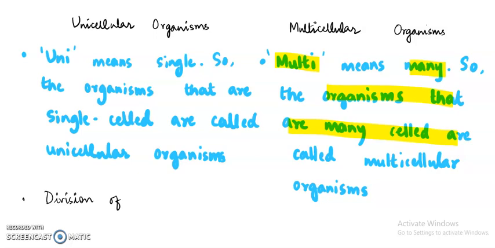So in this case, we will use a term division of labor. Means the work will not be divided among the cells because the number of cells is only one. So in this case, we will be writing that division of labor is absent. In contrast to this, in multicellular, we would be writing division of labor is present.